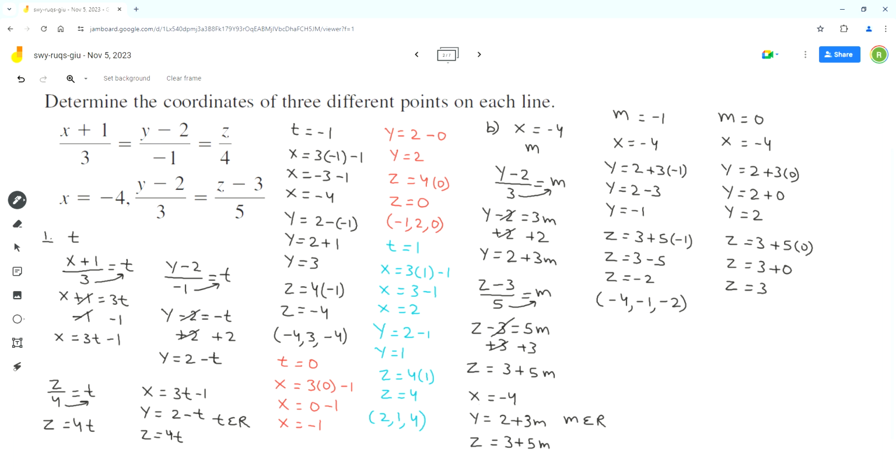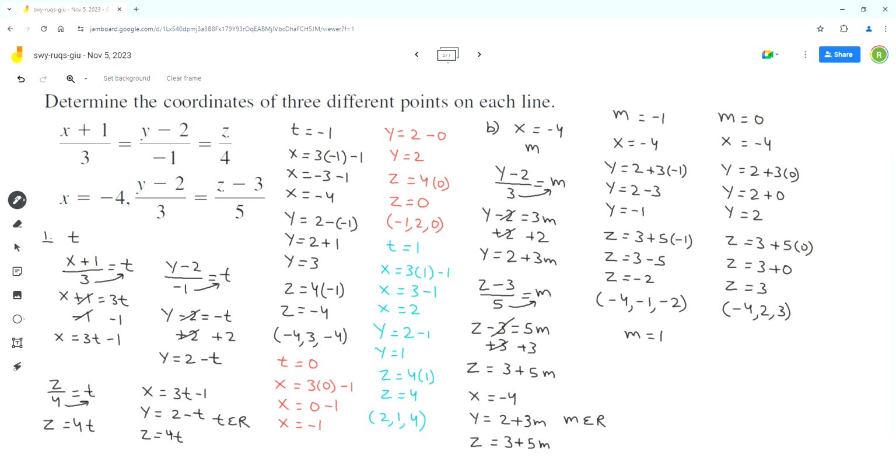I get z equals 3. So the second point on this line is -4, 2, 3.